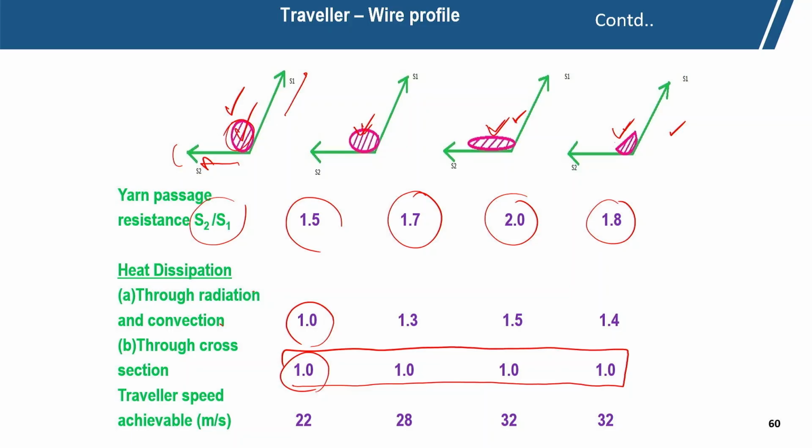Where we can see for the flat one, heat dissipation through radiation and convection is maximum here. Okay. So, we can use this flat wear profile for better radiation and convective heat loss. So, we can achieve the maximum traveler speed here, okay, because of the higher heat transmission.